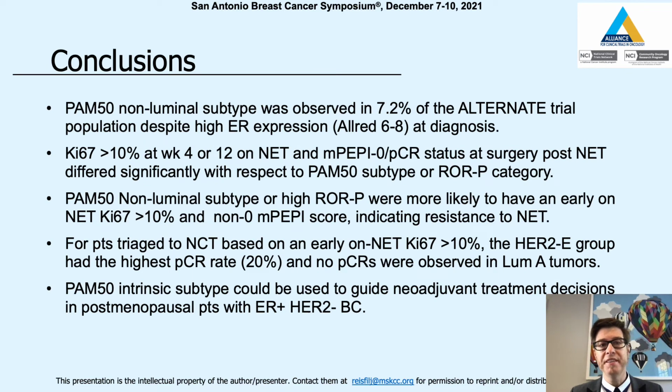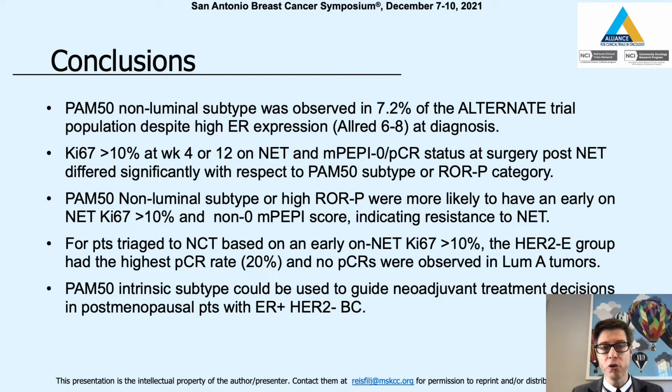So in conclusion, this study demonstrated that PAM50 non-luminal subtypes were observed in 7.2% of the ALTERNATE trial patient population, despite the fact that these patients had high levels of ER expression by immunohistochemistry, that Ki67 greater than 10% at weeks 4 or 12 on neoadjuvant endocrine therapy, or mPEPI-0 or pCR post-neoadjuvant endocrine therapy, varied according to PAM50 subtypes and ROR, that PAM50 non-luminal subtypes, or those that have a high ROR, had markers of resistance to endocrine therapy.